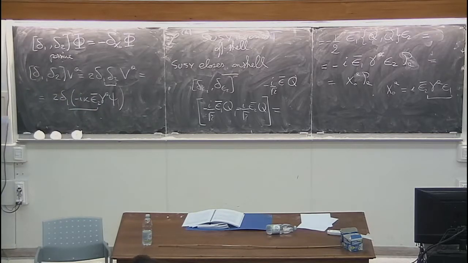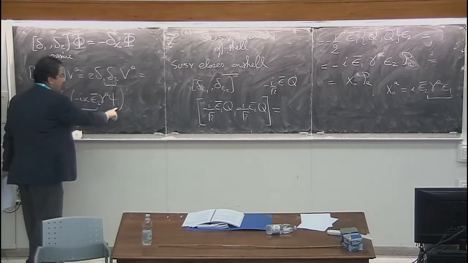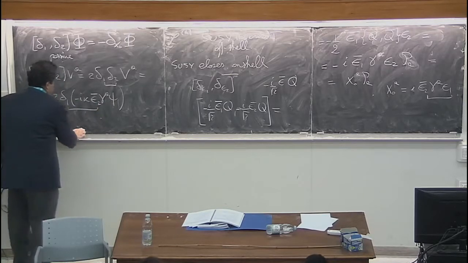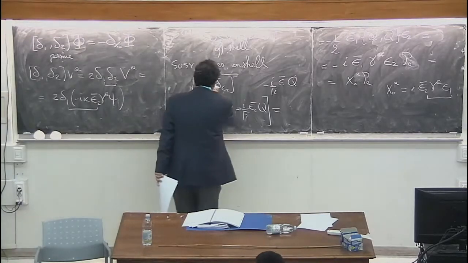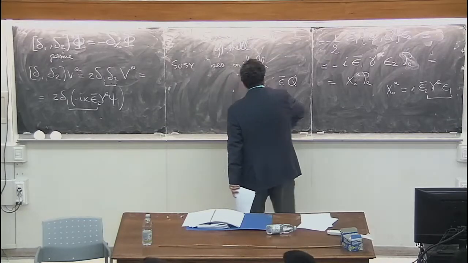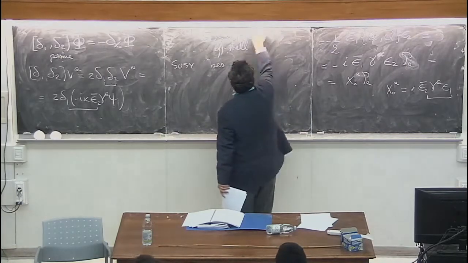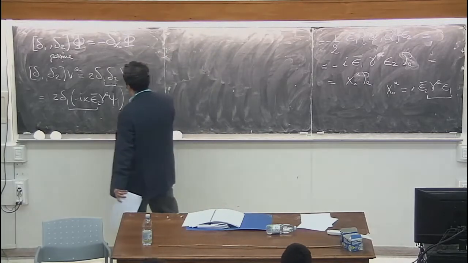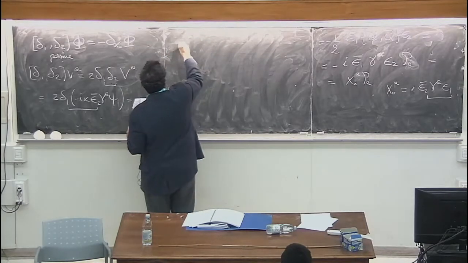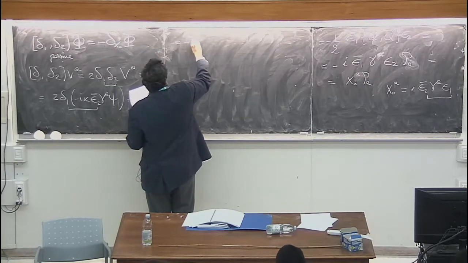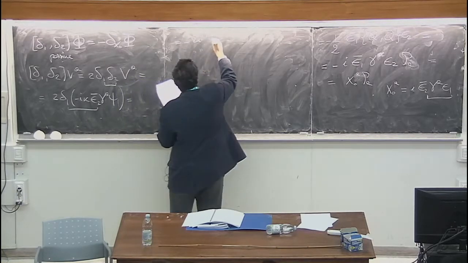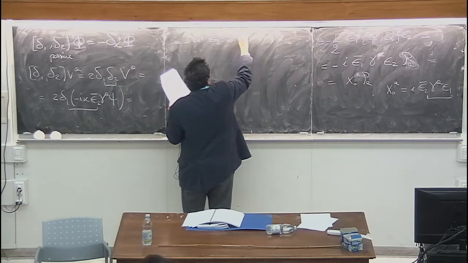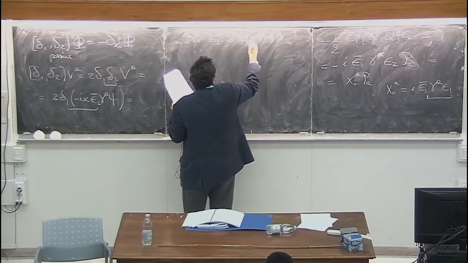Now we vary the fields inside this expression with respect to the first supersymmetry. We get 1 over kappa, which cancels kappa, and we get minus 2i epsilon 2 bar gamma A d mu psi.